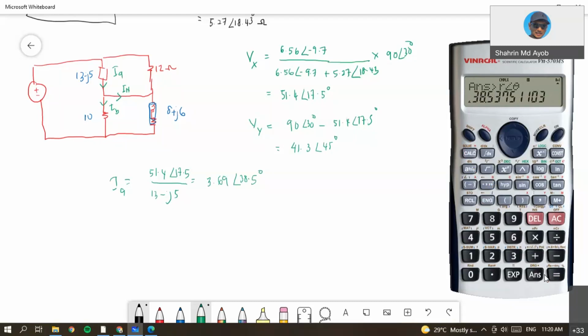And then let's calculate the IB. So our IB is 41.3 angle 45 degrees over 10 ohm. So this one should be 4.13 angle 45 degrees.